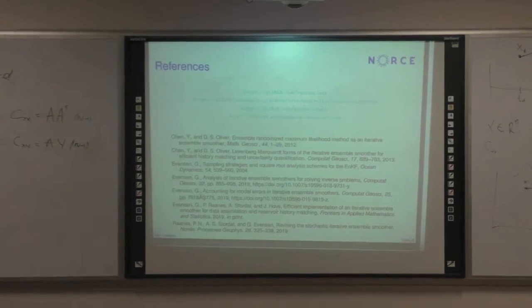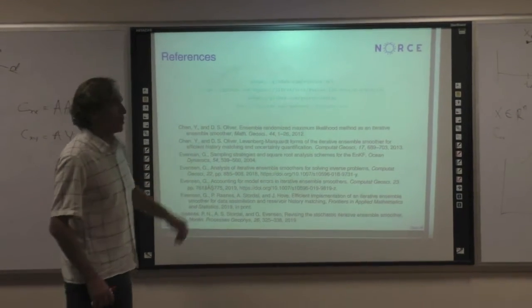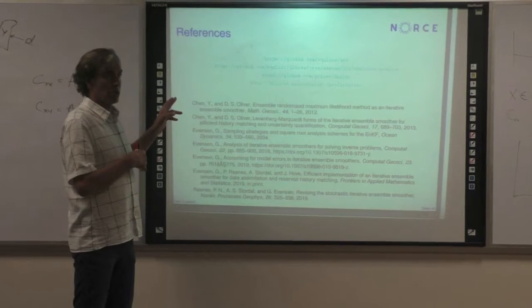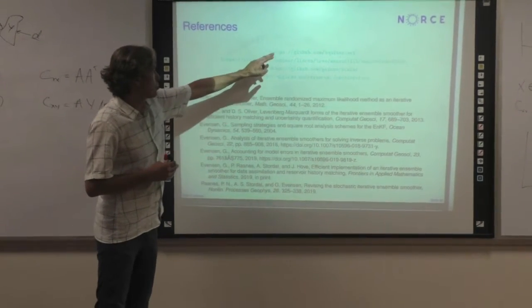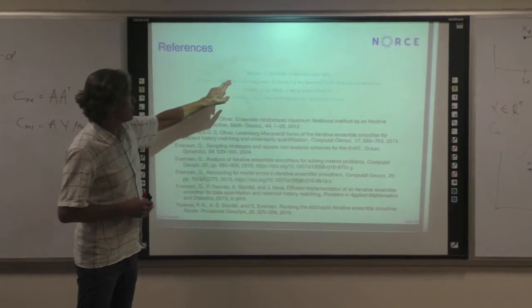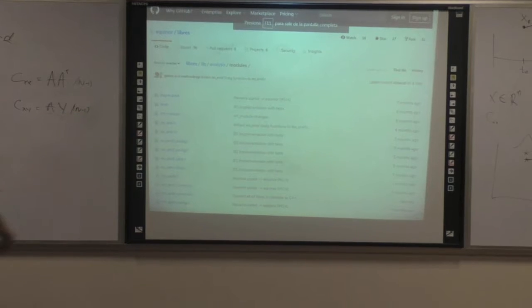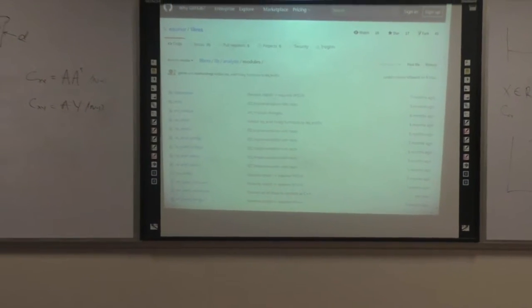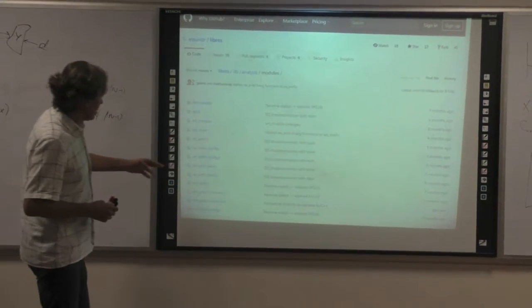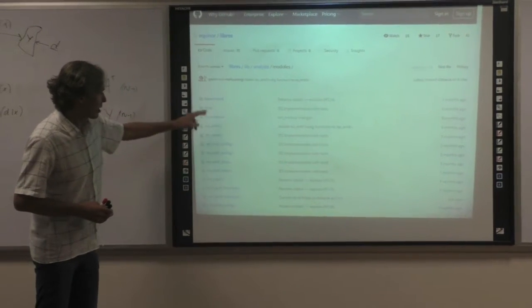And there is some paper there. I'm sure you will all get access to this presentation, right? So then it's possible to click on these links. If you click on this one, then you go straight into the Git repository where the implementation of the IES, the iterative ensemble smoother algorithm, is implemented.